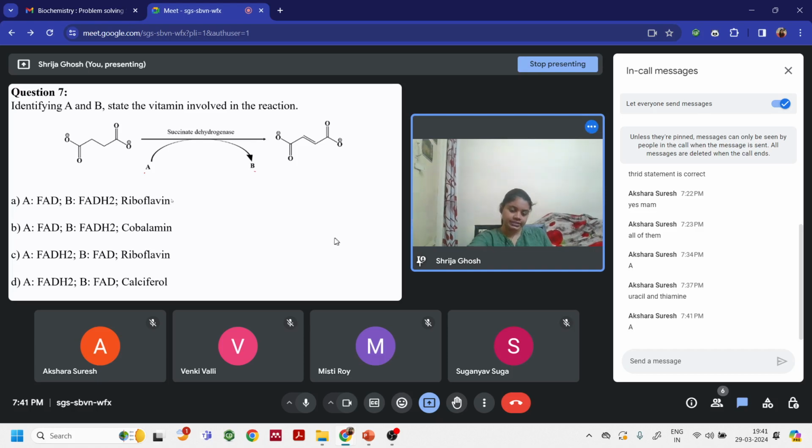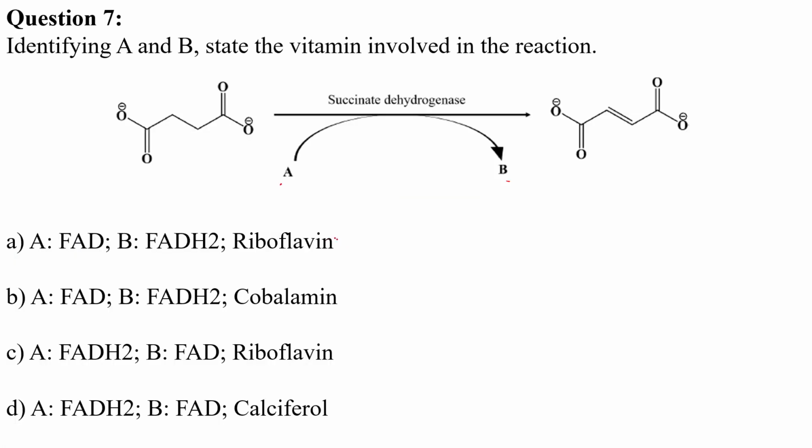Option A, yes. So option A, that is A is FAD. So FAD is reduced to FADH2, and the vitamin involved is riboflavin. Riboflavin is basically precursor for FAD and FADH2.